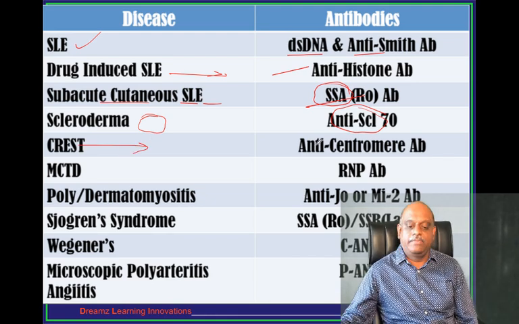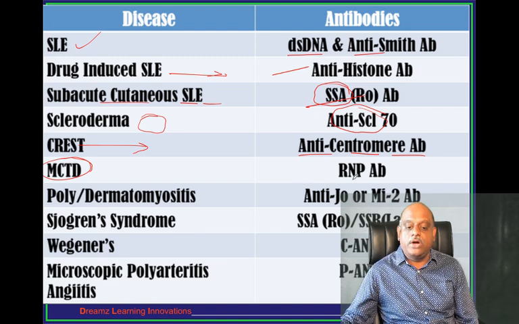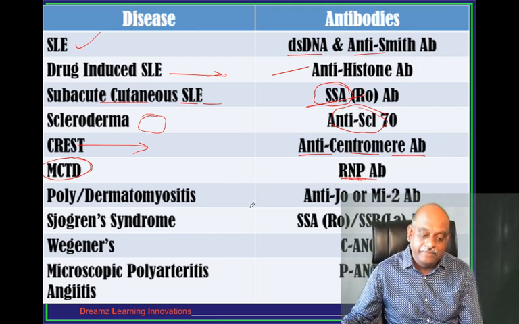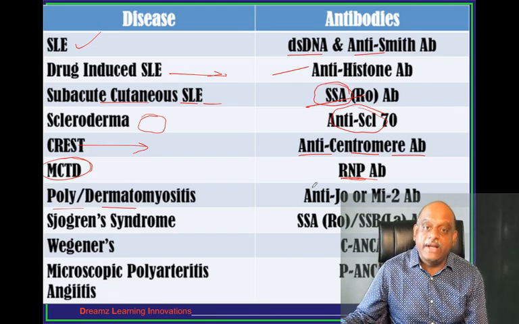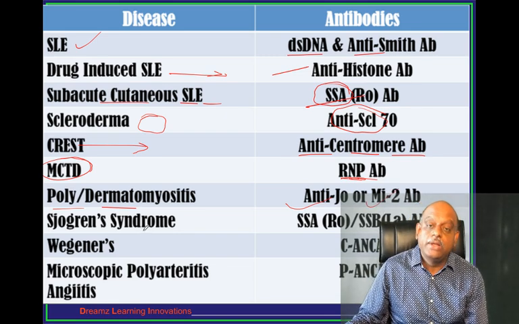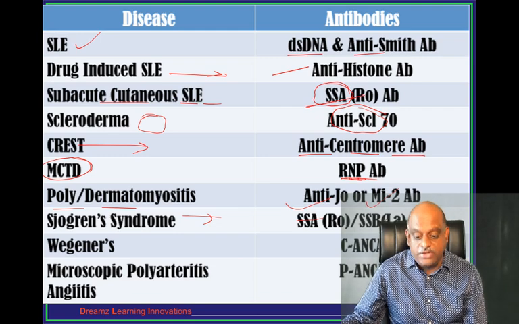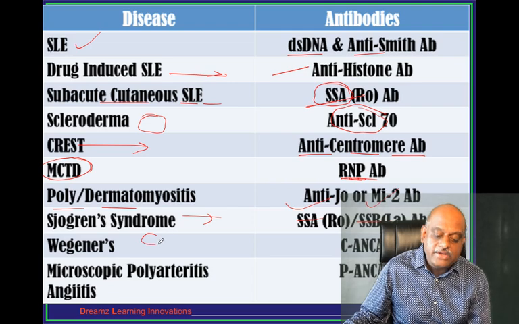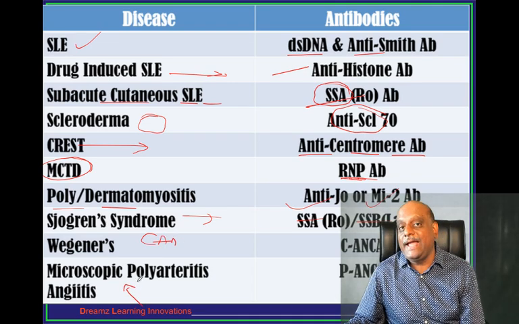CREST, anti-centromere antibody. Mixed connective tissue disorder, RNP. Then polymyositis and dermatomyositis, anti-Jo and Mi2 antibody. Sjogren's, SSA which is Ro, SSB which is La. Vaginal is Cyanka. Microscopic polyangiitis is Pyanka.